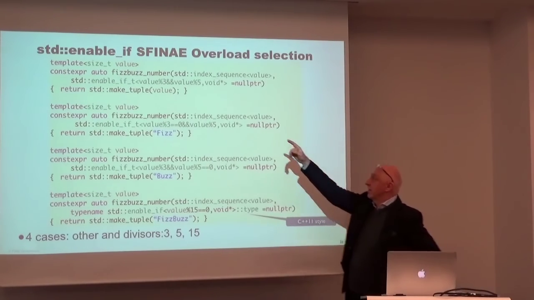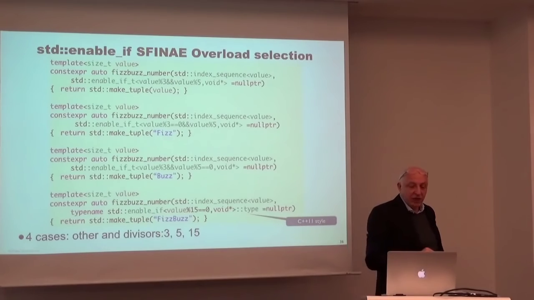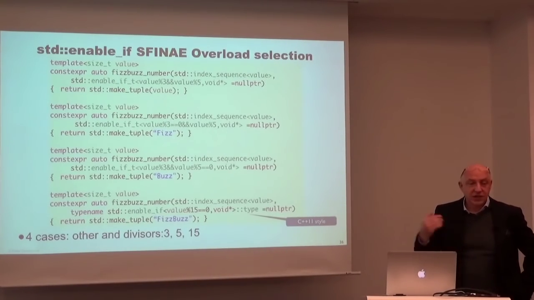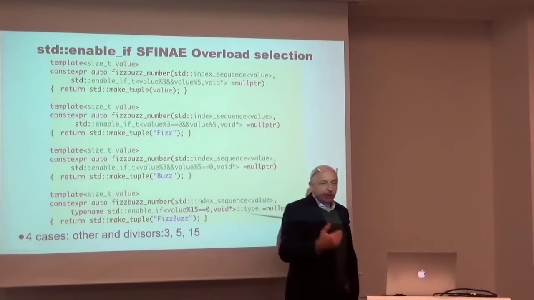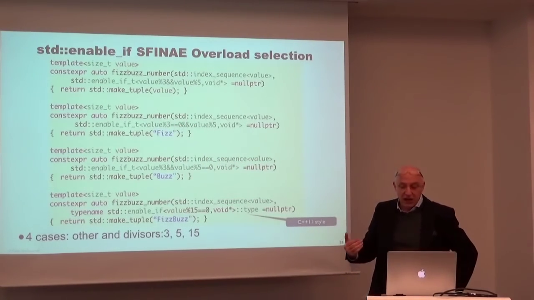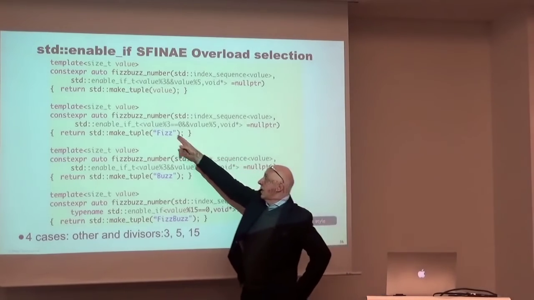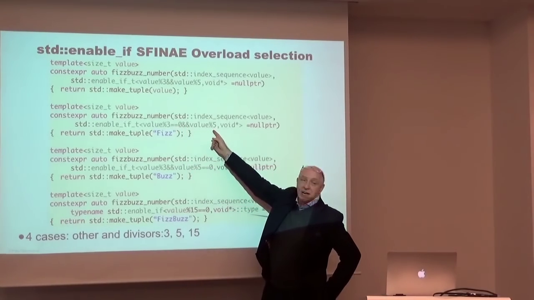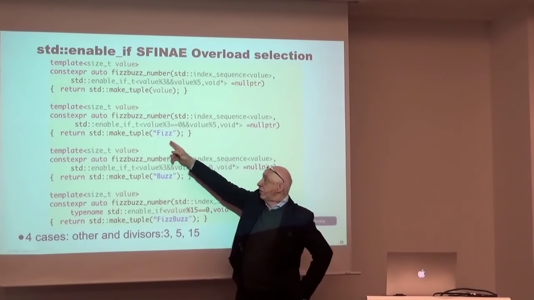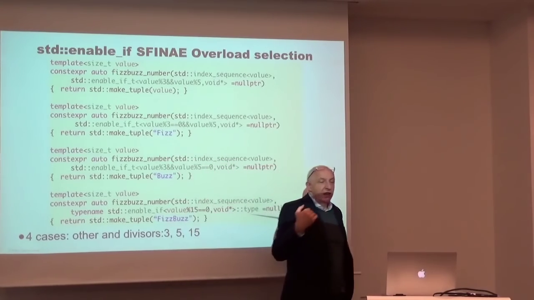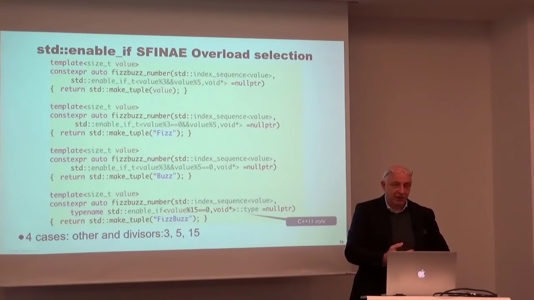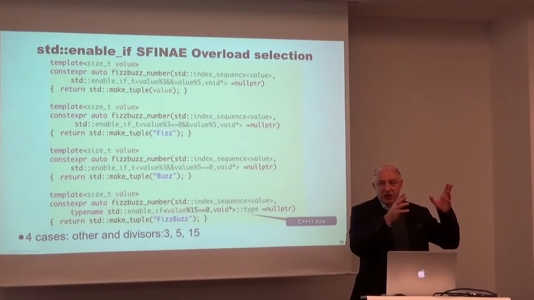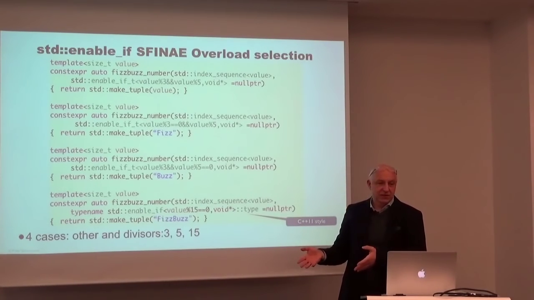But if it's not divisible by 3 and not divisible by 5, we just take the numeric value, and create that as a tuple. Now, if it's divisible by 3 and not divisible by 5, we create a tuple with the character array fizz. And now you see why I use tuple as a value and not anything else, because a tuple I can combine later on numbers with strings.